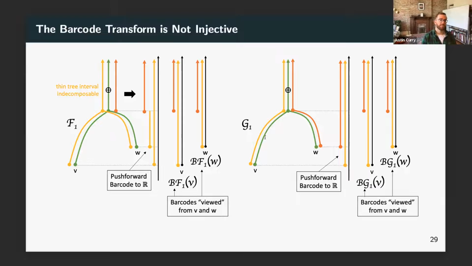But I would see the same thing if I had this decorated merge tree, where I've got two completely unrelated families of vector spaces in yellow and orange. So this proves that this process of taking the array sheaves and then considering this barcode transform is not injective.